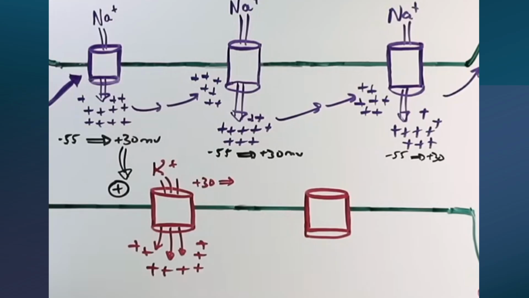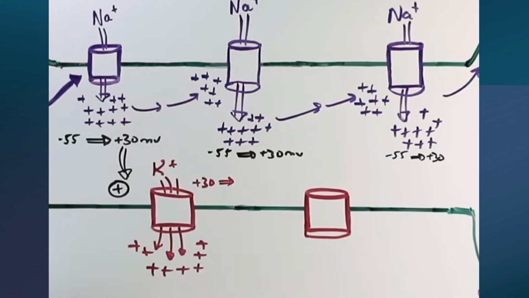If we go back, what happens is, as the sodium channels open because the cell became negative 55, at the same time, simultaneously, potassium channels open. Now, potassium channels open outwards, which means potassium starts leaking out.